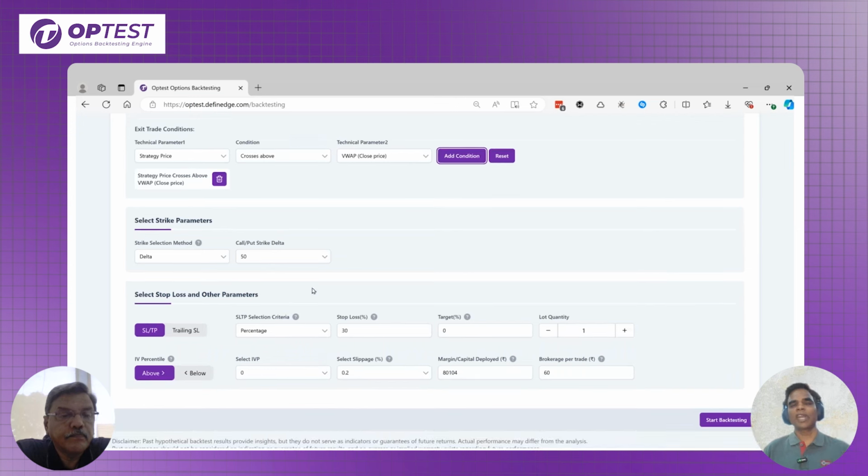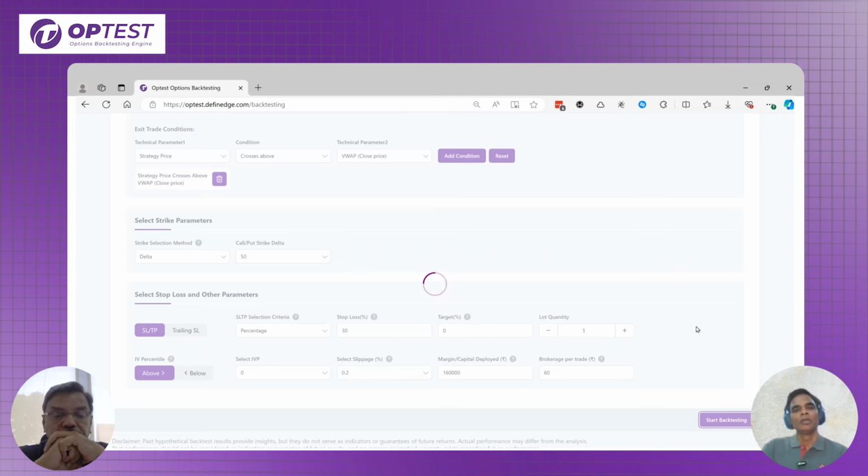Now, strike selection is based on delta. So very simple. Again, stop loss 30%, let's say, target 0. And the remaining everything is the same. Maybe you can change it to 160,000. Okay, and then start backtesting. As you can see, there are so many criteria. So select different parameters and see what is the ideal parameter.